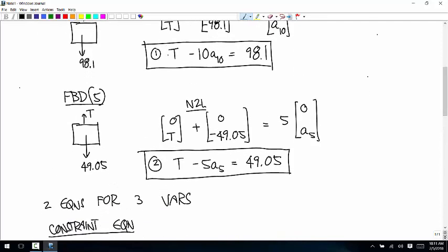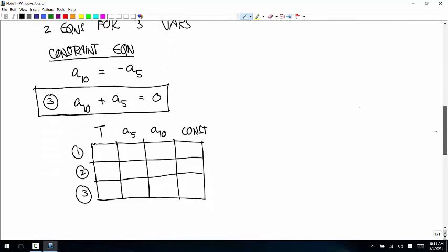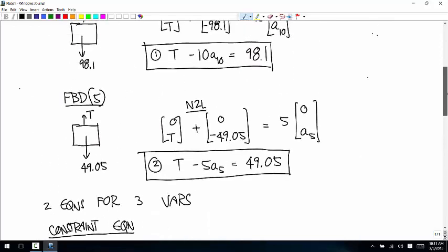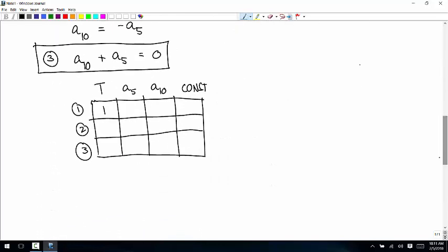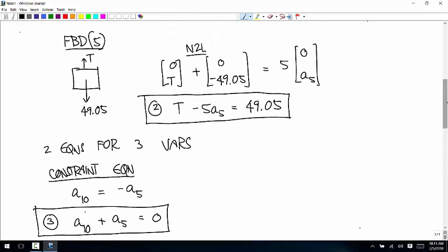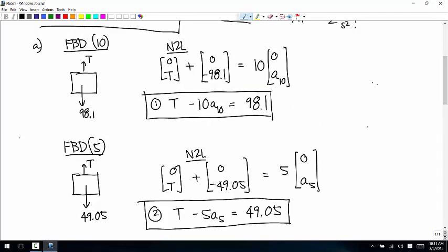So equation 1 says 1 times T minus 10 times A10 is equal to positive 98.1.